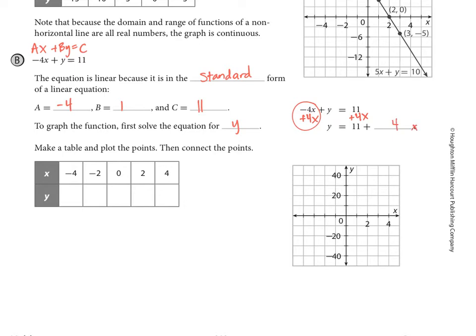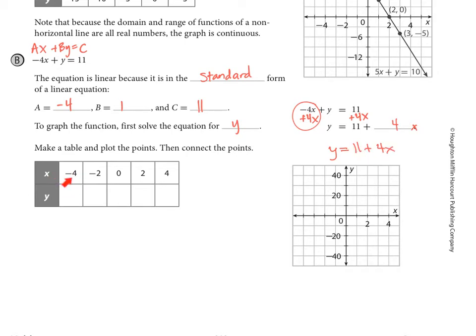Okay, y equals, let me rewrite this because that blank is really big. Y equals 11 plus 4x, 4 times x. So that makes it much easier for us to substitute in inputs and get outputs. What I'm really doing is, whatever x is, multiply it by 4, and then add 11.